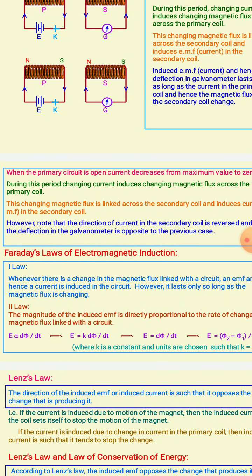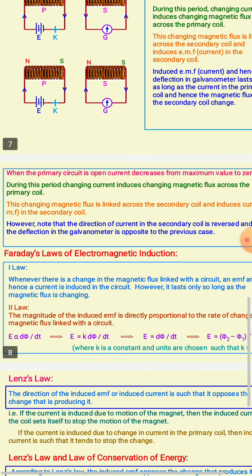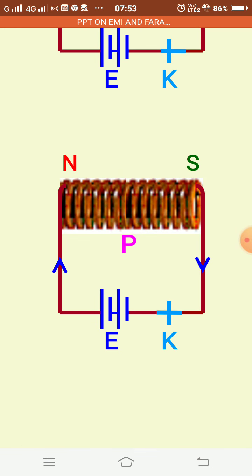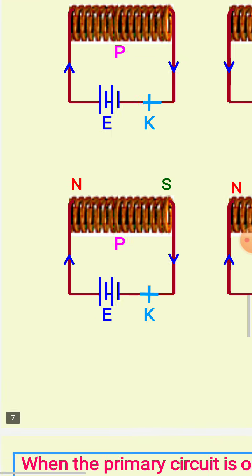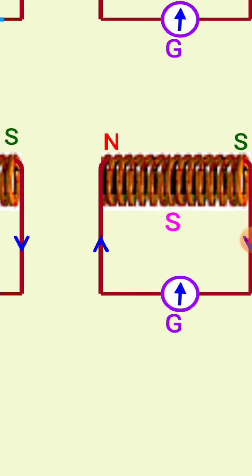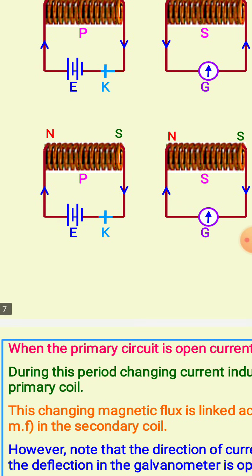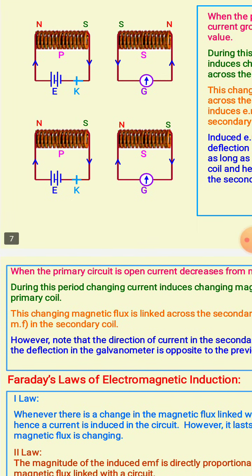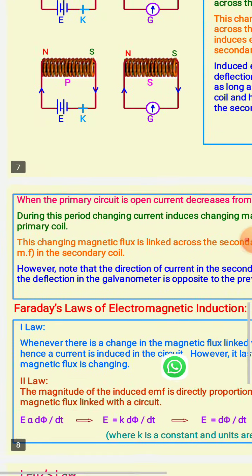And in the opposite case, when the primary circuit is opened, the current decreases from the maximum value to 0, due to which the magnetic field linked with this coil decreases from the maximum value to 0. Hence the magnetic flux linked with this coil decreases. That means the magnetic flux changes, and hence a current is induced in the secondary coil.